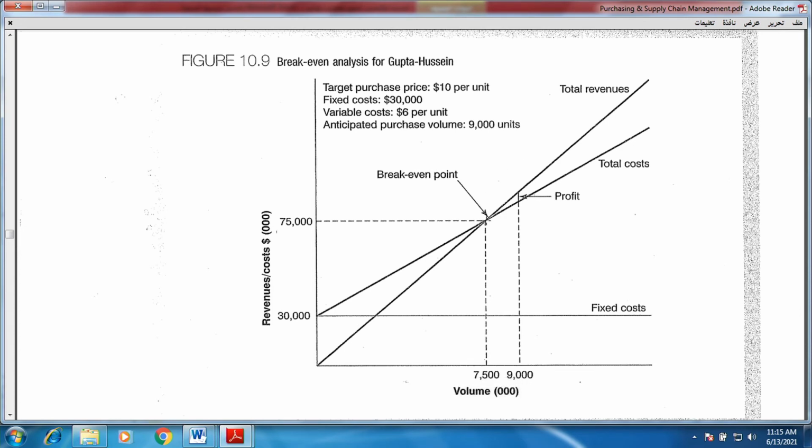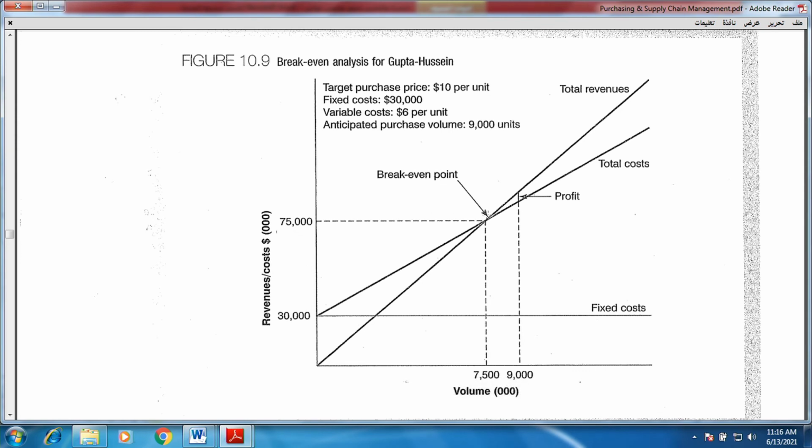These two lines meet at a number of units, which is 7,050 units. This is the total number of units produced, and this $75,000 represents the total amount of sales that we want to generate. We are covering the fixed cost, and what is remaining represents the variable cost.